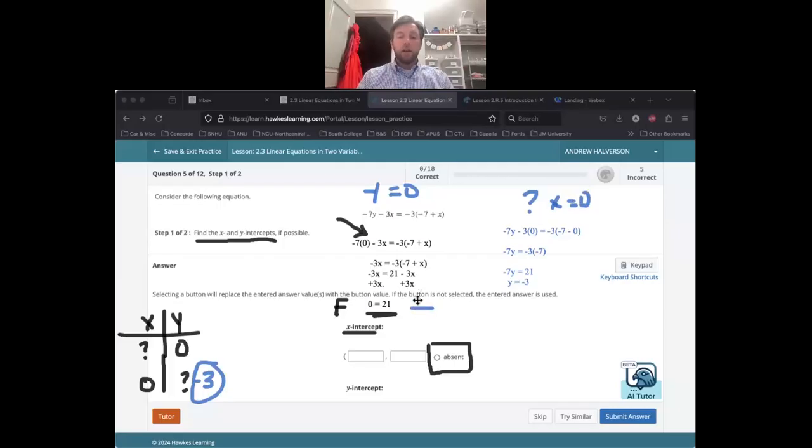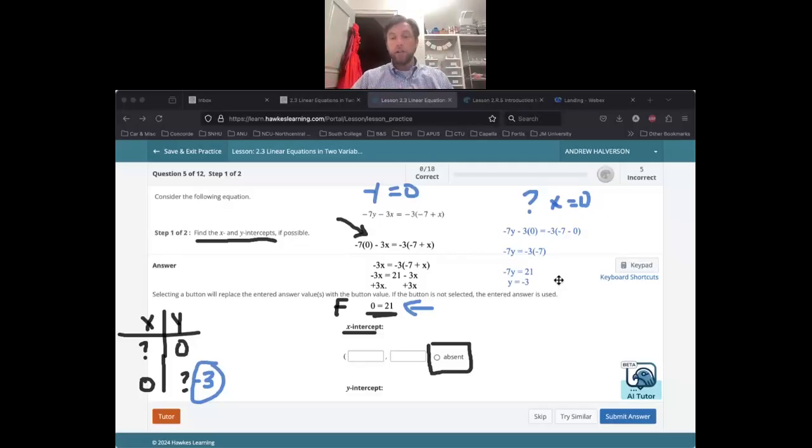If you get a situation like this where the variable happens to go away, that means there is no intercept, that particular intercept. But just because you don't have one intercept doesn't mean that you can't still have the other intercept. So the big takeaway is the process. To find the x-intercept, plug in 0 for y, solve for x.